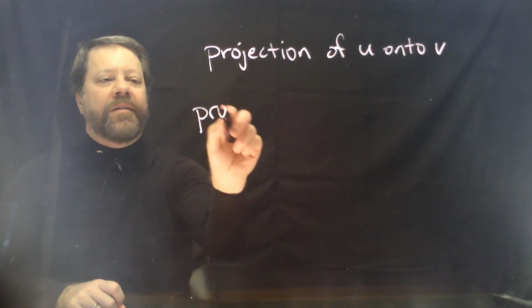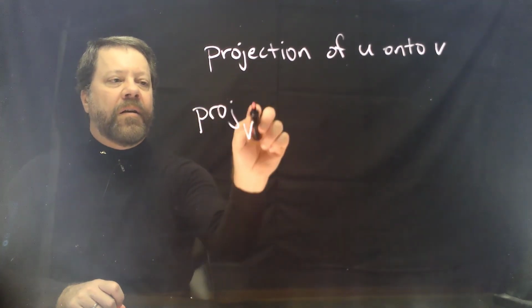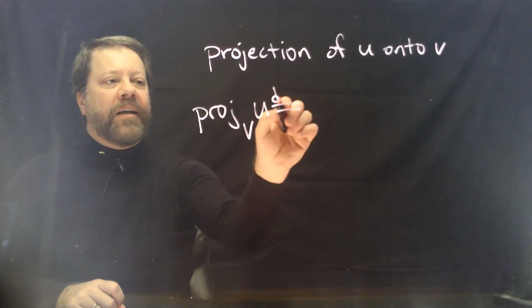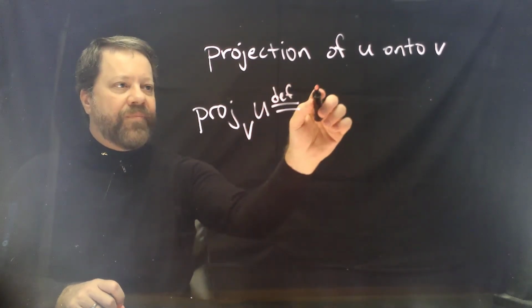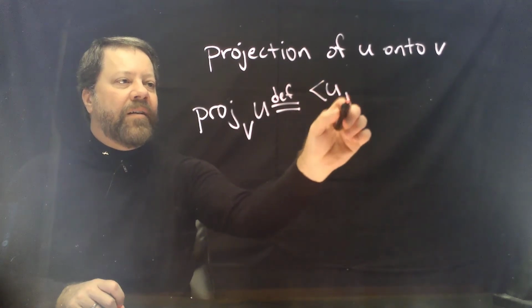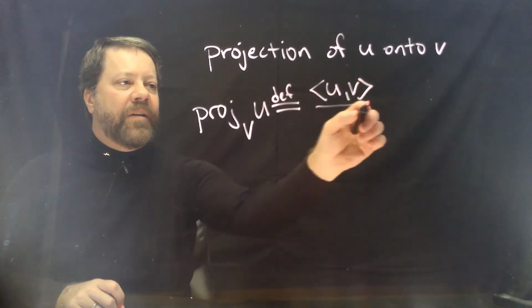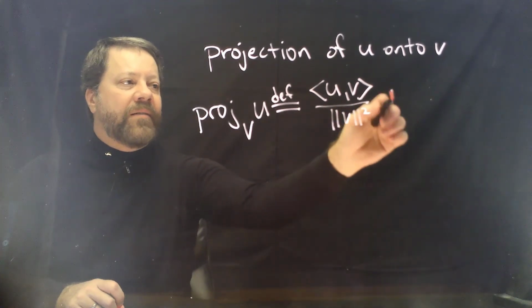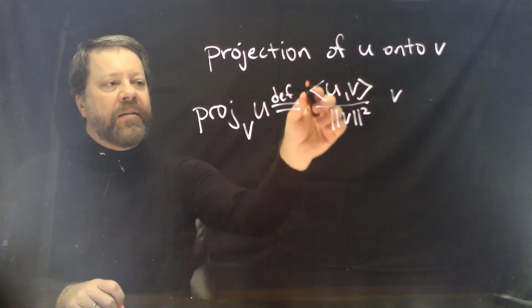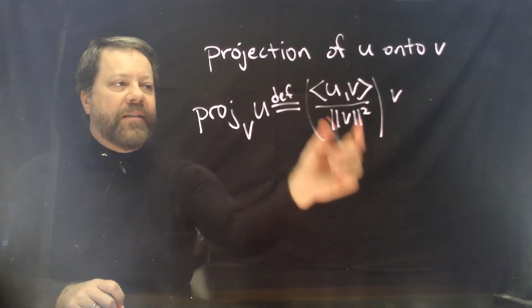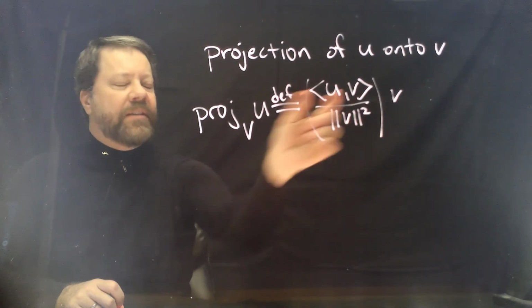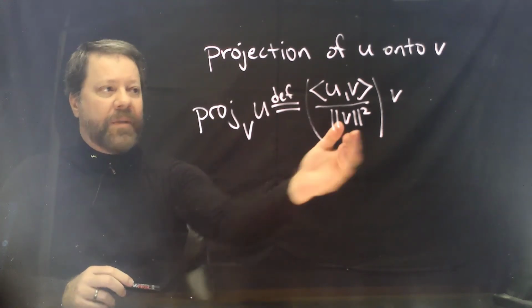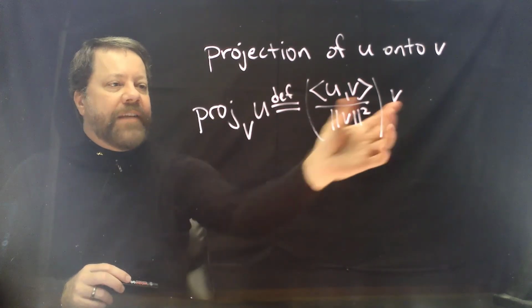The notation uses v as a subscript, and it's defined as follows: the inner product of u and v divided by the norm of v squared, times v. All of this out front is scalar valued. The inner product is always scalar valued, as is the norm, but we're rescaling the vector v.